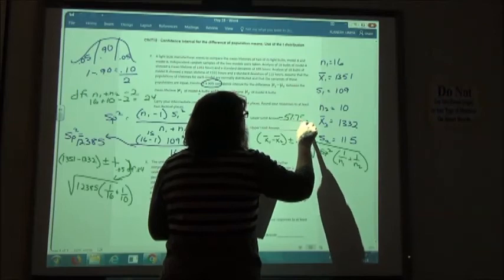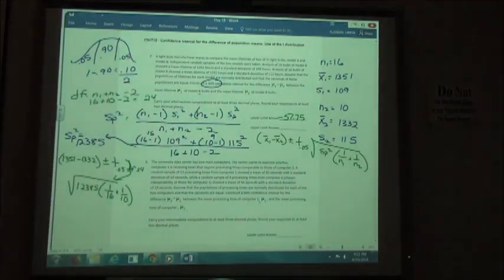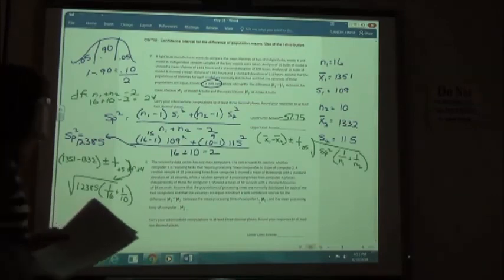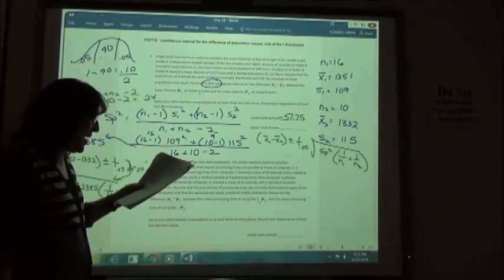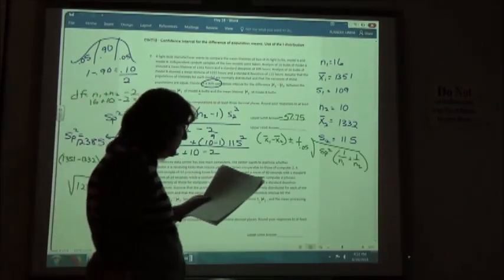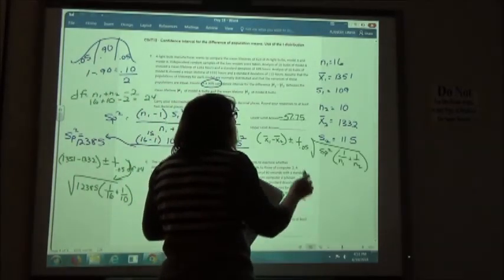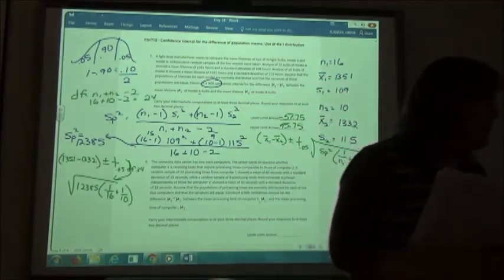Is that what you guys got? I rounded off, so I have a slightly different answer because I was not putting the whole thing in the calculator. All right, and then my upper limit was 95.75. All right, 95.75.